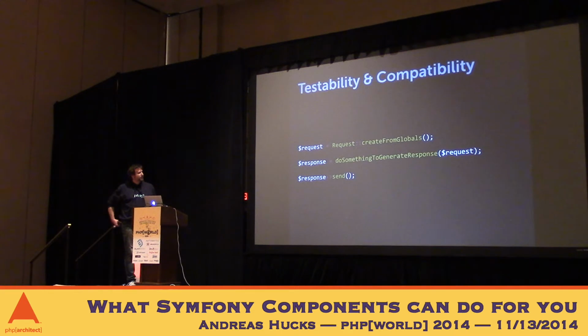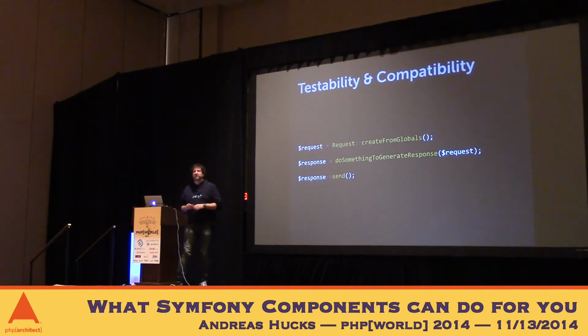And one other thing that we gained, that I'm going to talk about in a later chapter, but this is just an outlook, is testability and compatibility. Because if you closely look at this line, request create from globals, this creates the request from the environment, but it also means that you could, of course, create that request by hand and inject variables of your choice.